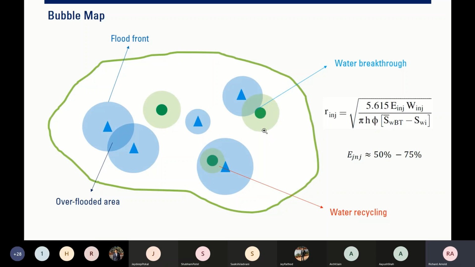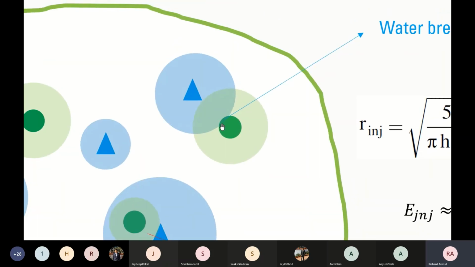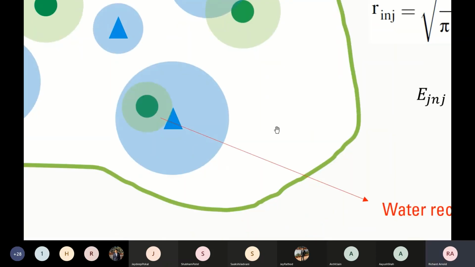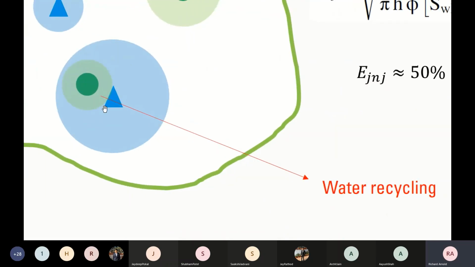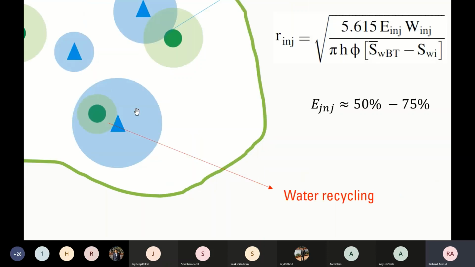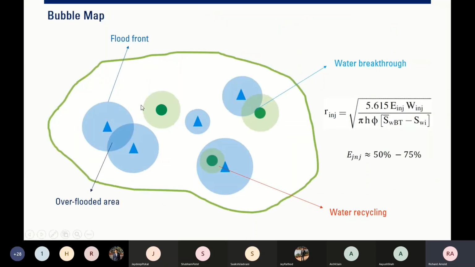And in this spot, you suffer water recycling because your production area is within the injection area of this injector. All right, so this is one of the things that a bubble map can tell us.